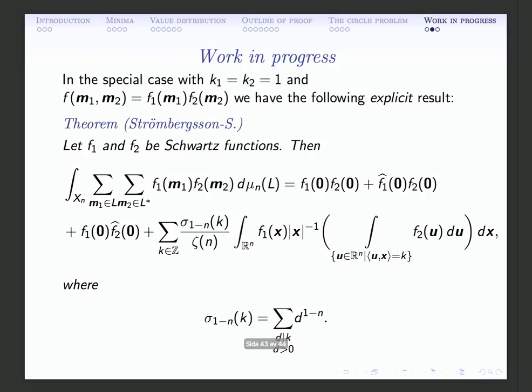In a first case, if you have one variable in the lattice and one variable in the dual lattice, then we have a rather explicit formula for such mean values, pretty much in the same spirit as the formula of Rogers that I highlighted some slides ago. So you take a mean value over the space of lattices of this double sum. Then there are some first terms here, depending on what's going on at 0 of these functions.